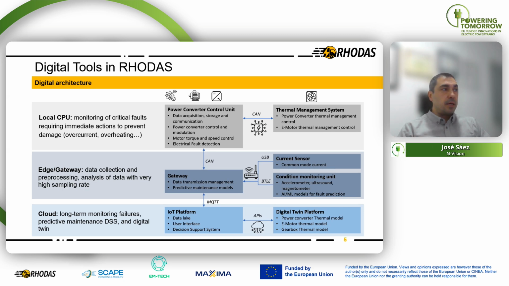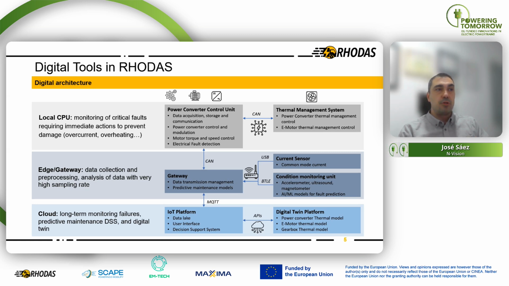Next to that, we have an edge layer, which is implemented on the gateway. In this case, the gateway, besides collecting the data and being the bridge between the physical system and the digital platform, also has some additional features to run models especially oriented to predictive maintenance.